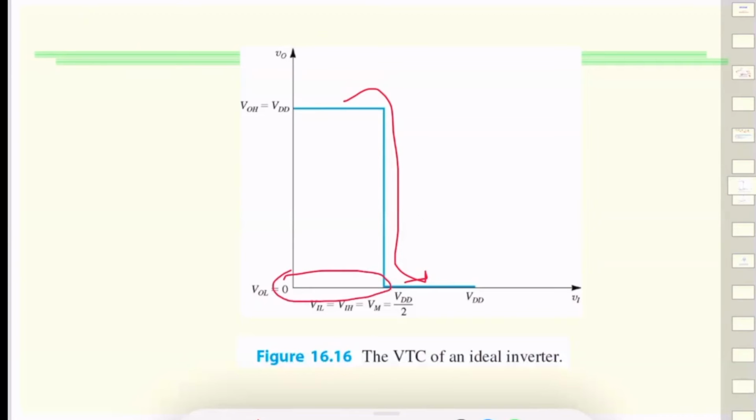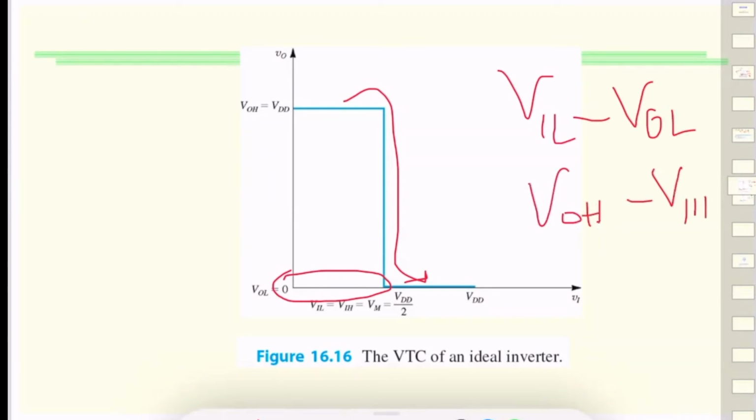So going back to the discussion of VIL minus VOL and VOH minus VIH. If you think about it, the ideal case would give you a much larger noise margin.